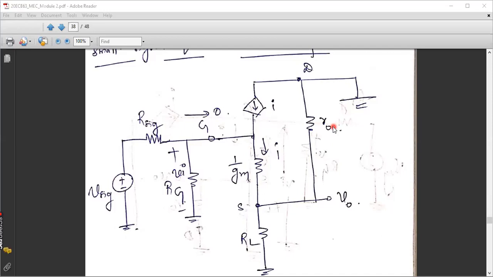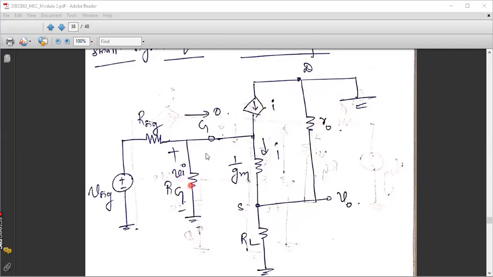So we have an internal resistance ro in the output circuit, which is across drain and source, where I is your AC signal current flowing from the drain to the source terminal.